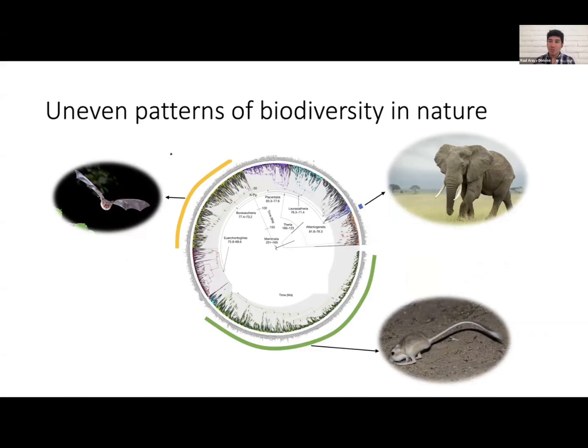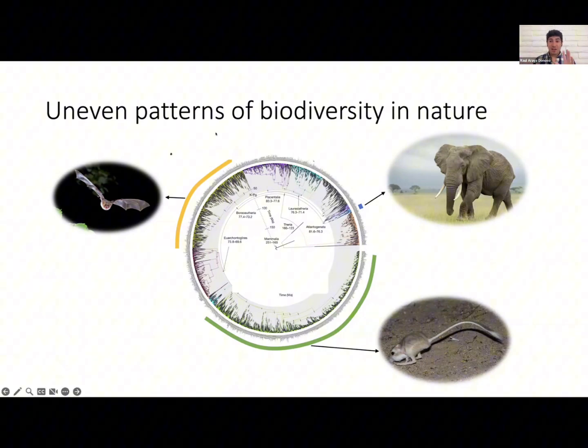It's a very reduced biodiversity. But on the other hand, over 1/3 of the current mammal species that exist in nature are rodents. That's very interesting. Bats are in between in number of species. So what's going on here? Why are rodents so diverse, but elephants so species poor? There's something going on.